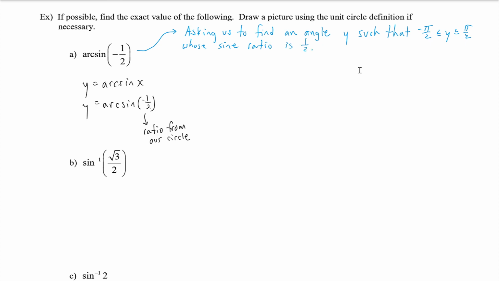I mean, that's in words, that's what we're being asked to do here. Oh, -1/2, sorry, it was -1/2, wasn't it? So I have to go looking for an angle from -π/2 to π/2 whose sine ratio is -1/2.